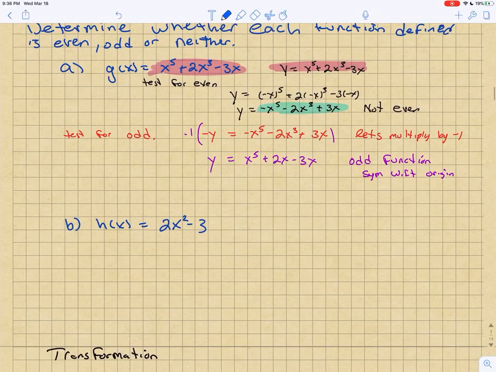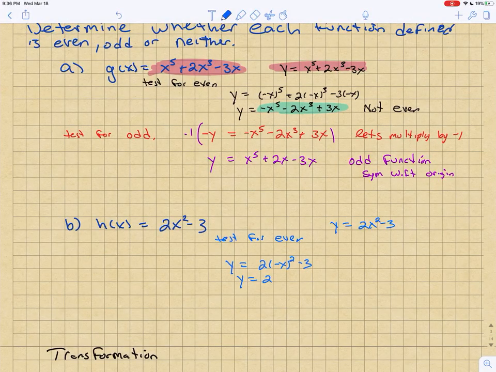Okay, let's look at B. H of x equals 2x squared minus 3. Let's test for even. Even means I replace x with the opposite of x, right? Because it's the test for symmetry with the y-axis. We're going to look at y is equal to 2x squared minus 3. I get y is equal to 2 times a minus x that's going to get squared, subtract 3.